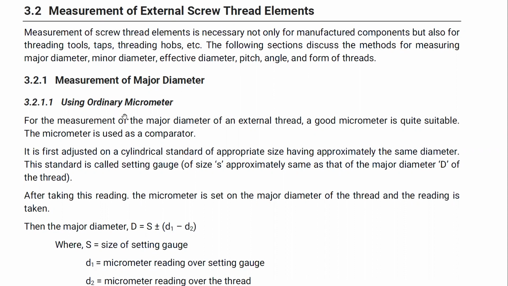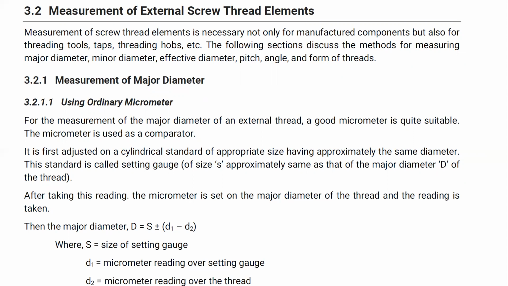The first device we can use is a micrometer. For measurement of the major diameter of an external thread, a good micrometer is quite suitable. The micrometer is used as a comparator and is first adjusted on a cylindrical standard of appropriate size, having approximately the same diameter.